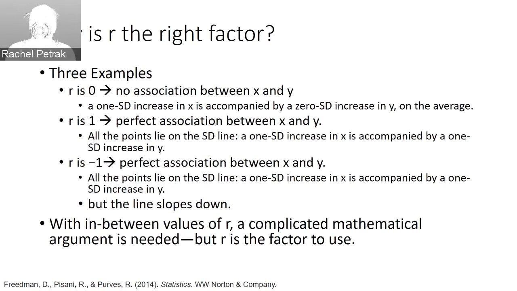So if r is 0, there's no association between our predictor and our outcome. A 1 standard deviation increase in x is accompanied by a 0 standard deviation change in y. There just is no association.